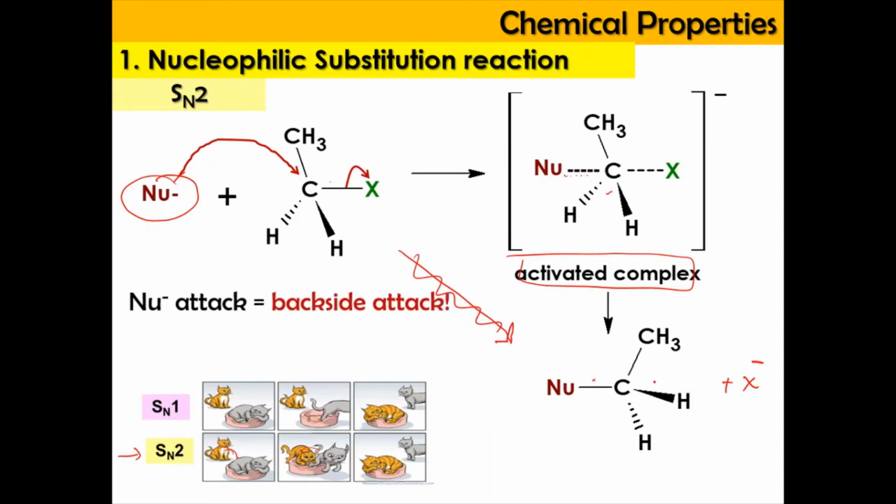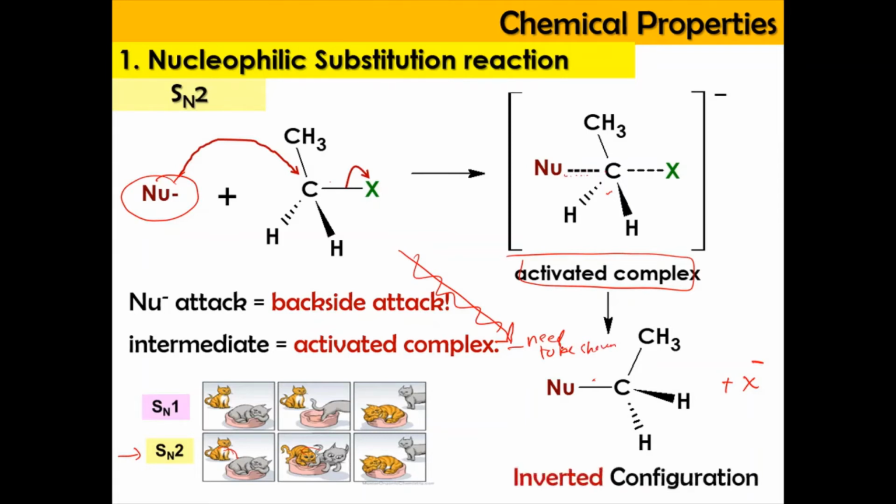Alright, so remember that the nucleophilic attack is going to be a backside attack. Maksudnya dia attack daripada belakang daripada halogen, and the intermediate, which is the activated complex here, needs to be shown. Alright, and at the end of the mechanism, you can see that the line here is going to have an inverted configuration.